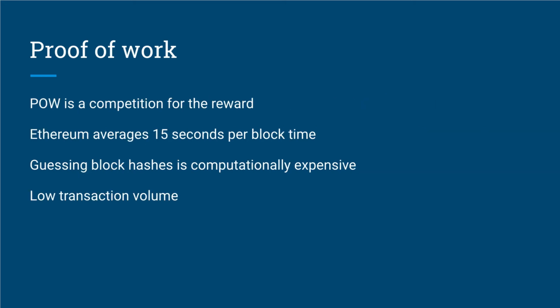Proof of work unfortunately uses a lot of compute power to find the next hash, and it's typically slow for public blockchains. The Ethereum blockchain on average creates a new block every 15 seconds due to the compute overhead required to find the next block.